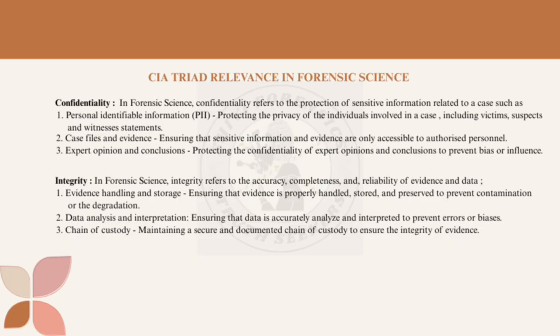Now we are discussing the CIA Triad's significance in forensic science. First of all, confidentiality. In forensic science, confidentiality means the protection of sensitive information related to a case, such as personally identifiable information. It includes victim information, suspect information, and witness statements.